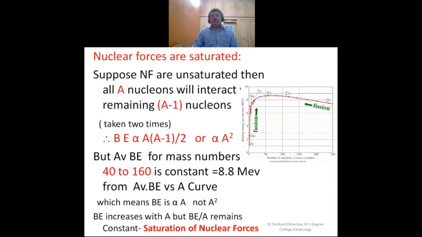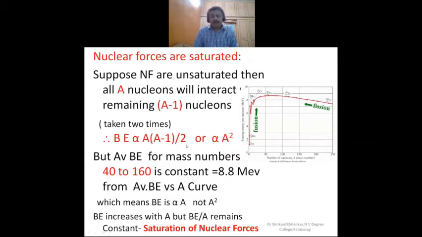One nucleon will interact with the remaining A minus 1 nucleons. Unsaturated also means the reverse is true, 1 with 2 and 2 with 1, so it is counted twice. Therefore, we divide by 2. So binding energy is proportional to A into A minus 1, divided by 2.